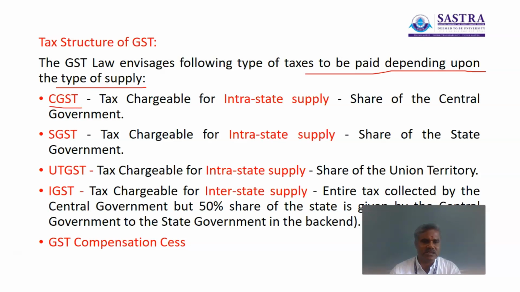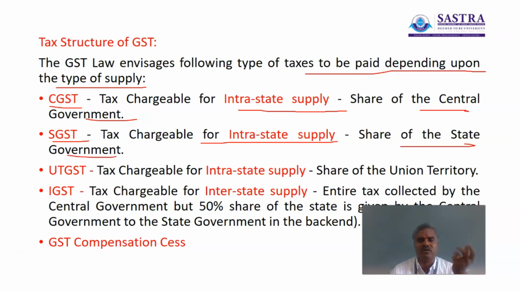One is CGST, I already told you, the share of the central government. CGST means Central Goods and Services Tax. SGST, tax chargeable for intra-state supply, share of the state government.